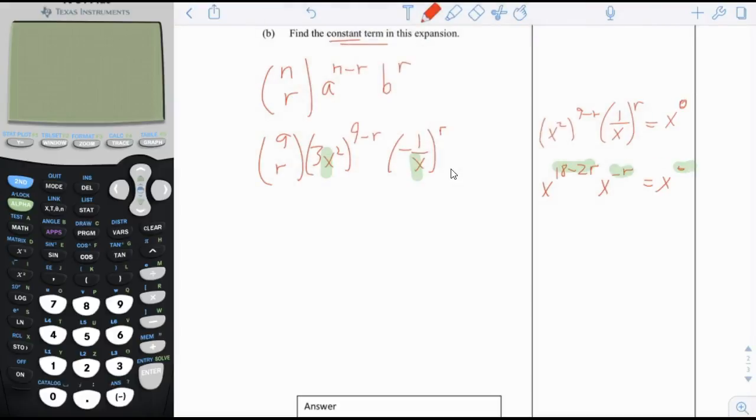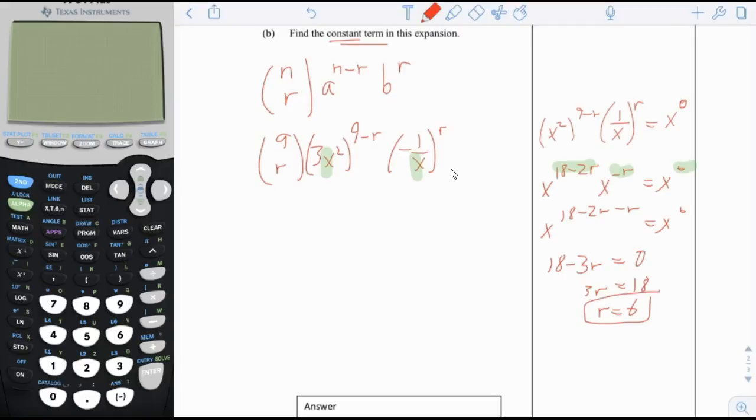Since we have the same base twice, we can add the exponents: 18 minus 2r minus r equals 0. So 18 minus 3r is equal to 0. So 3r is equal to 18, and r is equal to 6.